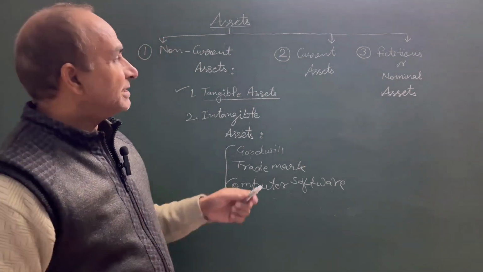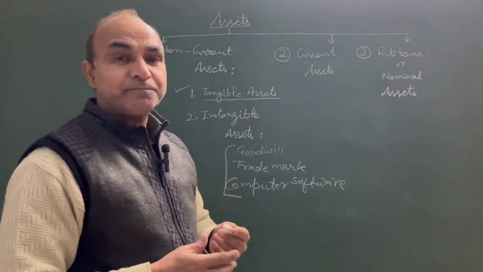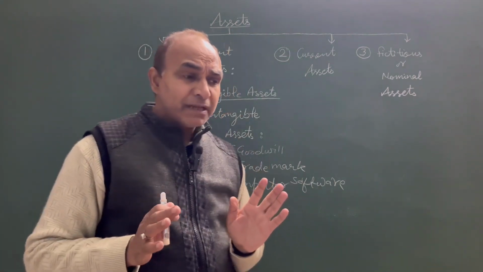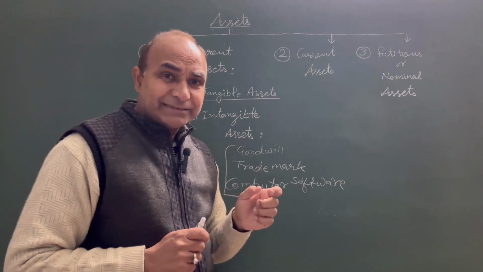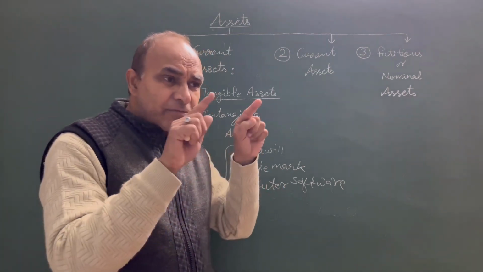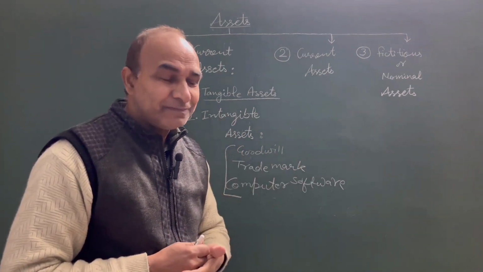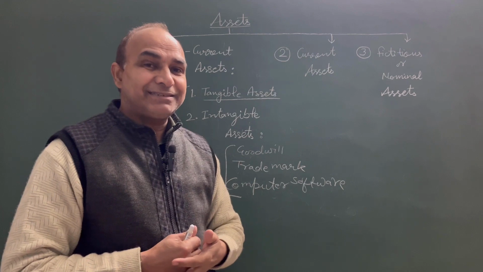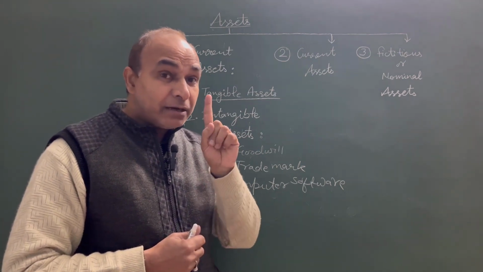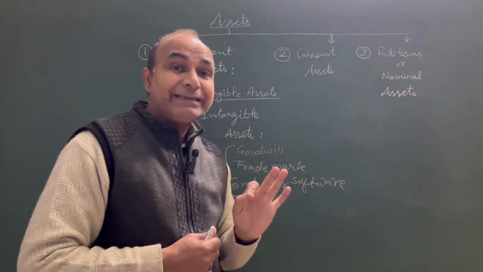Now coming to the second type of assets, current assets. In simple terms, current assets are those assets which provide benefit to the business within a short period of time, that is within 1 year. In other words, current assets are those assets which can be converted into cash or cash equivalent.